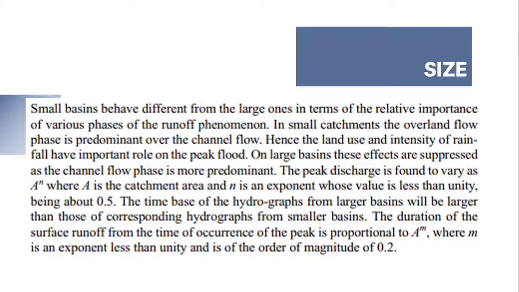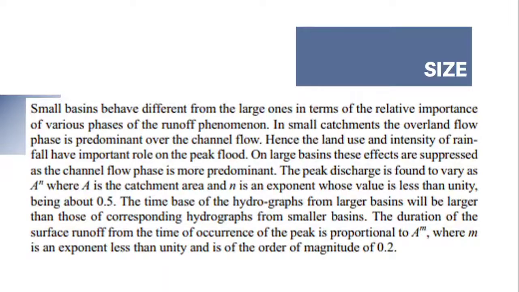So, now for large basins or catchments, the peak discharge is found to vary as A raised to the power of n, where A is the catchment area and n is an exponent whose value is less than unity, being about 0.5. So the time base of the hydrographs from larger basins will be larger than those from smaller basins.